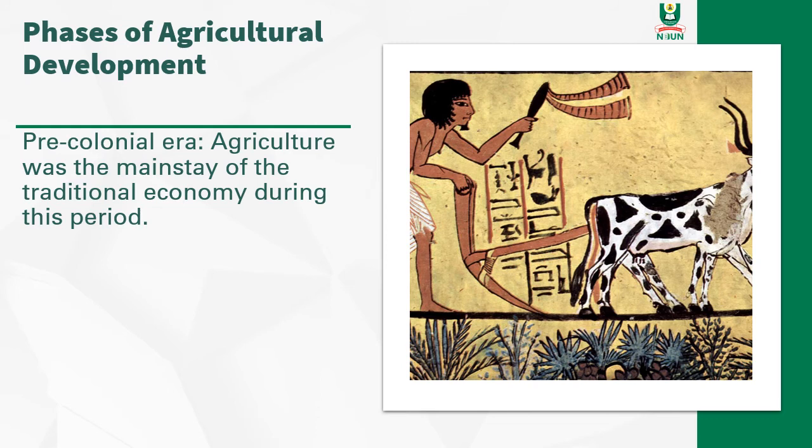Agriculture is as old as life itself, so you can see the use of animals and the use of local machinery to plow the land. All these are primitive, and occurred during the pre-colonial era.